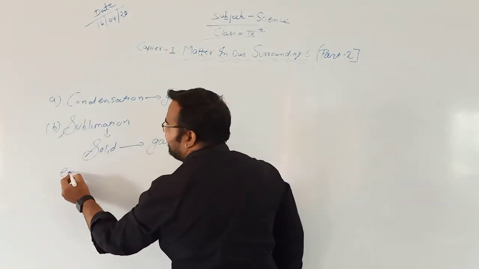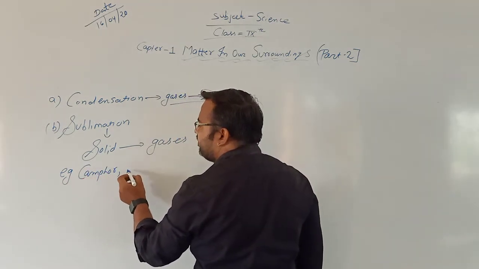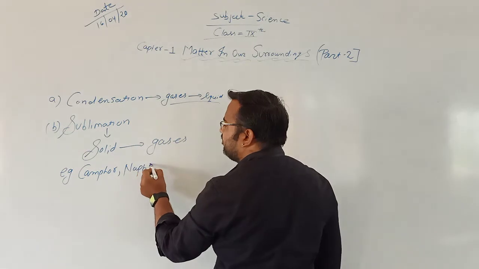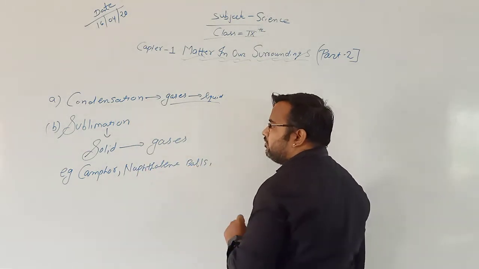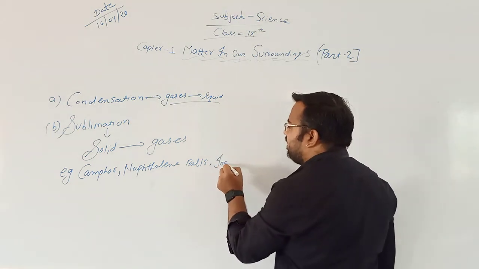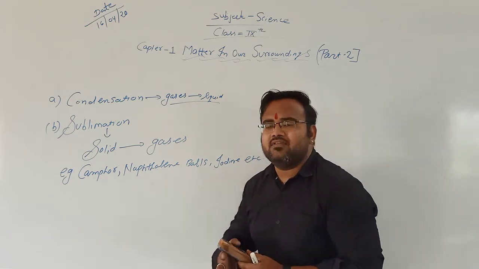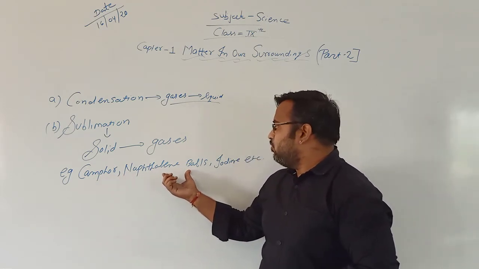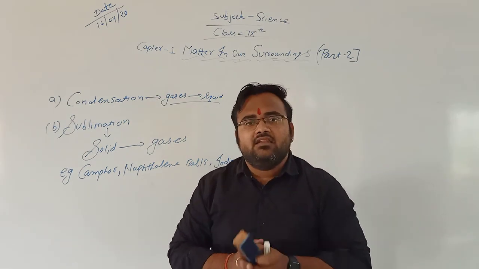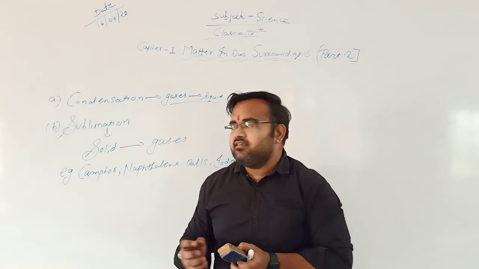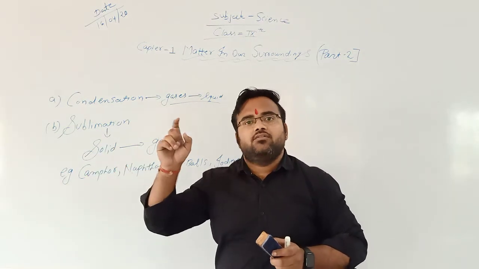Examples of sublimation we can take: camphor, naphthalene balls, iodine, etc. If these substances like camphor, naphthalene balls, iodine are heated, then by the absorption of heat energy, these substances will get directly converted into the gases.